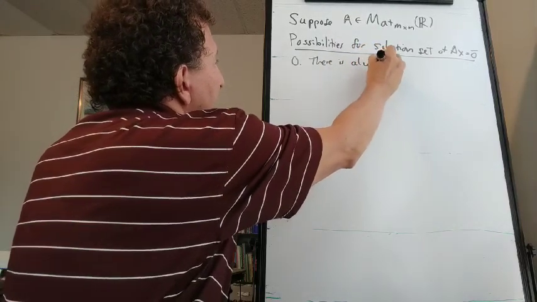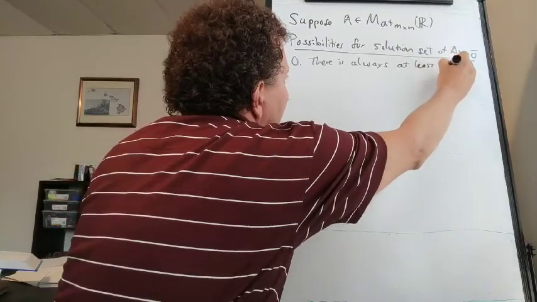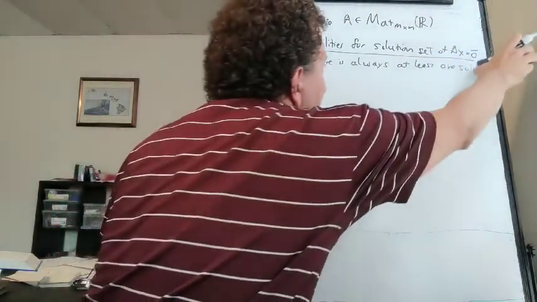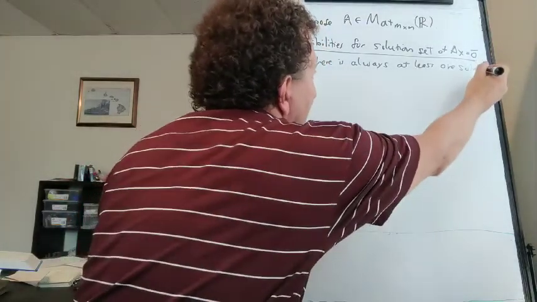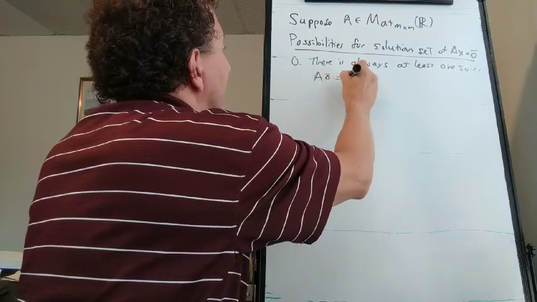So there is always at least one solution because A times the 0 vector equals the 0 vector.